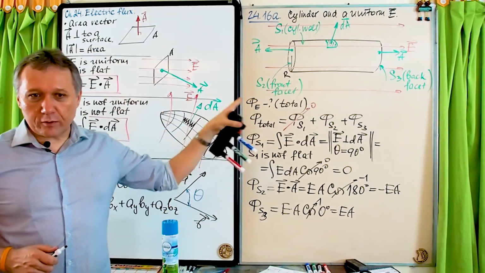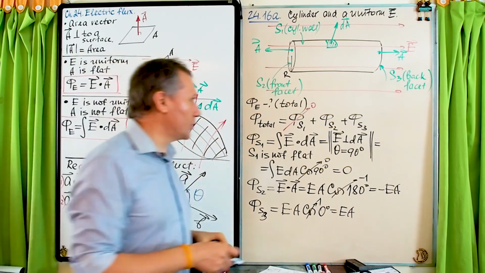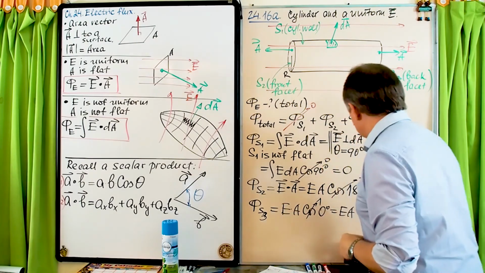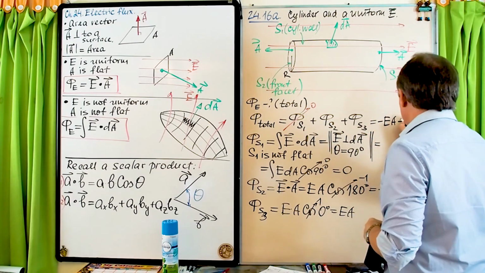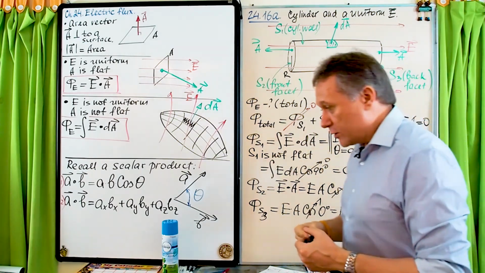In your homework, there will be a very similar situation, but the electric field will be split into two parts in two directions. Again, it's minus EA and plus EA, so the answer is 0. So what does it mean, 0?